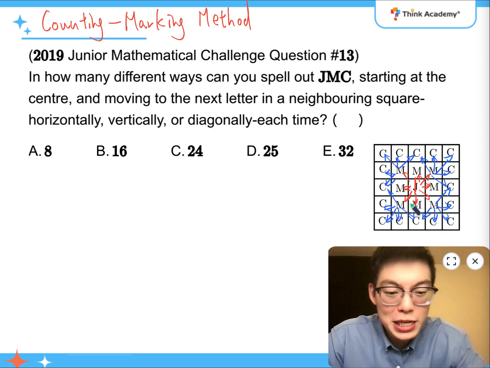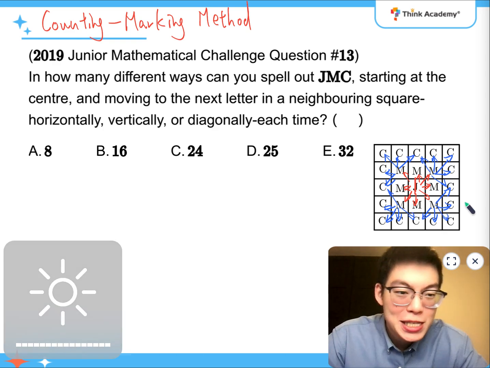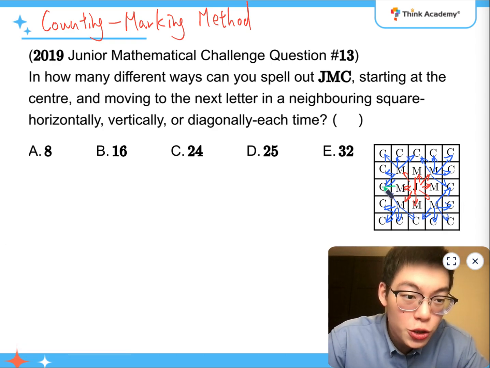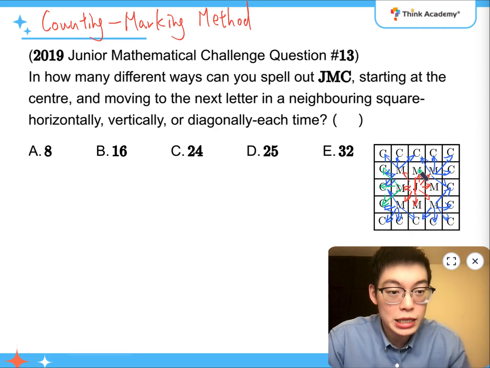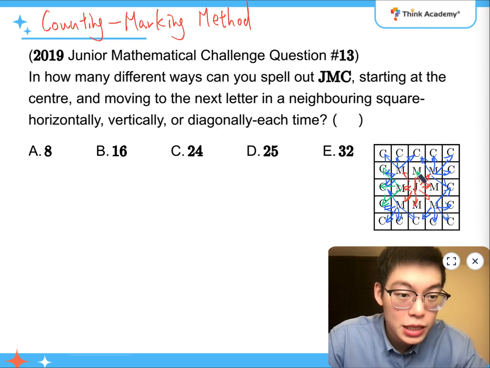But essentially what I mean is that each center M can go to 3 boxes, right? 1, 2, 3. And the others are just going to be the same. Each one can go to 3 boxes.